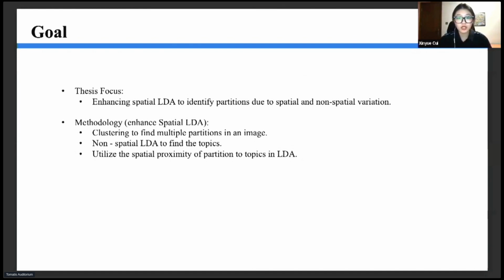The methodology includes clustering to find the multiple partitions in an image, applying spatial LDA to determine topics, and using spatial promiscuity to link partitions to LDA topics. And then we will examine this through a case study image.